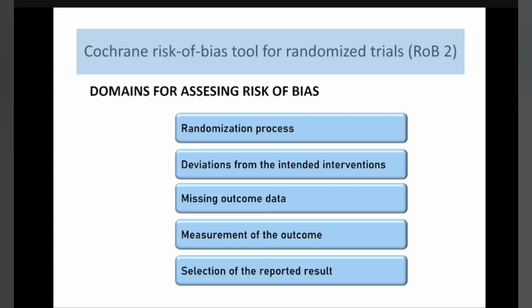For example, randomization was not done. Say I want to check a study on ACTH efficacy and safety. I have done an RCT, and I want to show that ACTH is very good. So I haven't done the randomization.